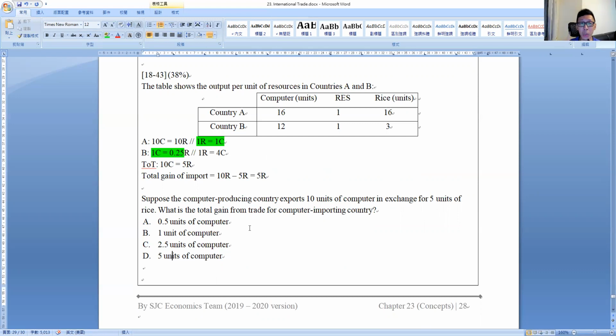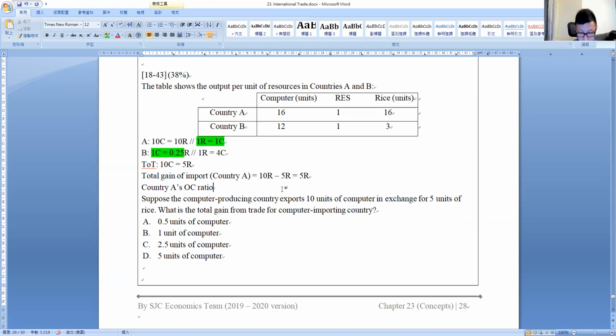Remember, we are talking about country A here. This time you are lucky with the answer D. In order to convert rice back into computer, you need to use country A's opportunity cost ratio to convert it back. Lucky for you, country A is 1C equals 1R.